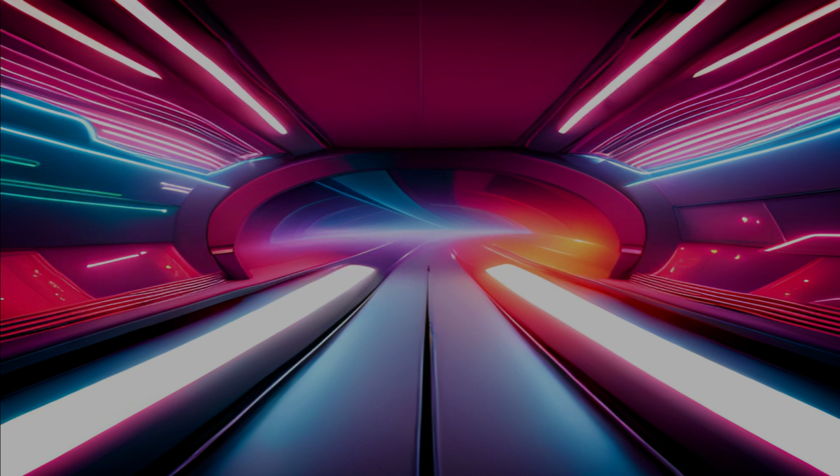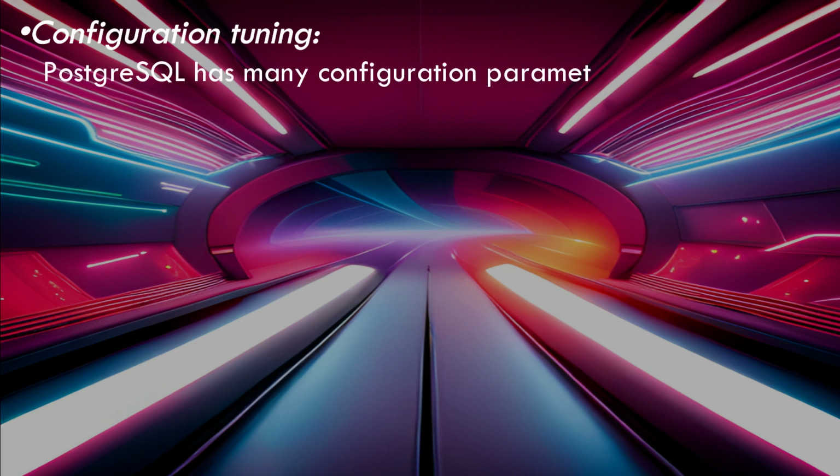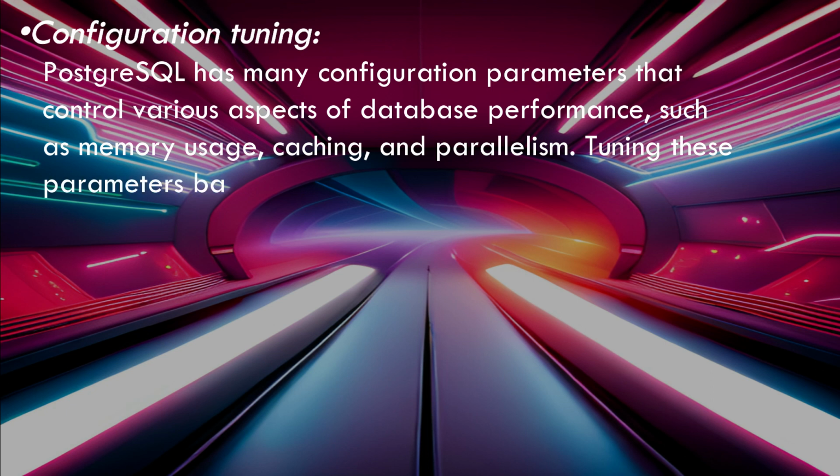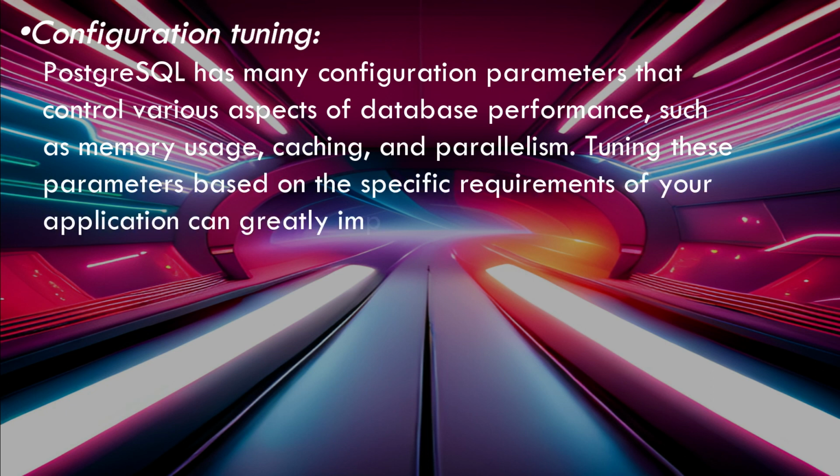Configuration tuning. PostgreSQL has many configuration parameters that control various aspects of database performance, such as memory usage, caching, and parallelism. Tuning these parameters based on the specific requirements of your application can greatly impact database performance.